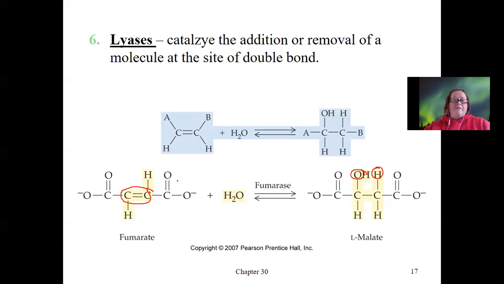And the opposite could hold true. We could be removing these molecules at this site, which will ultimately produce a double bond. So water is often one of the substances involved with the lyases category.